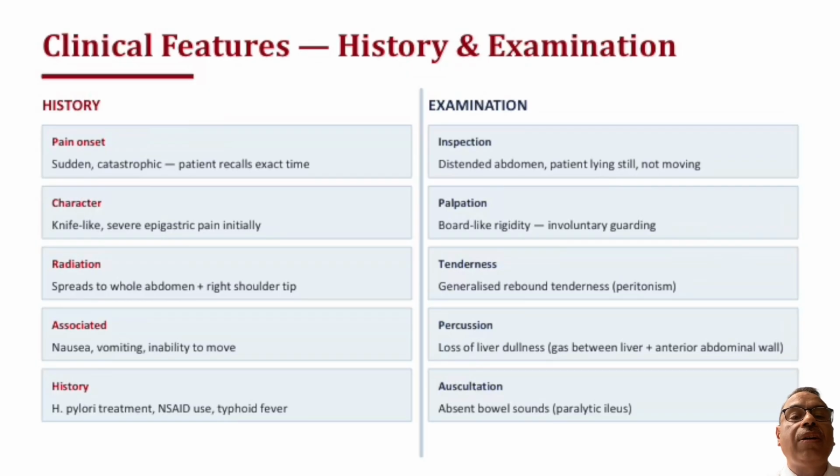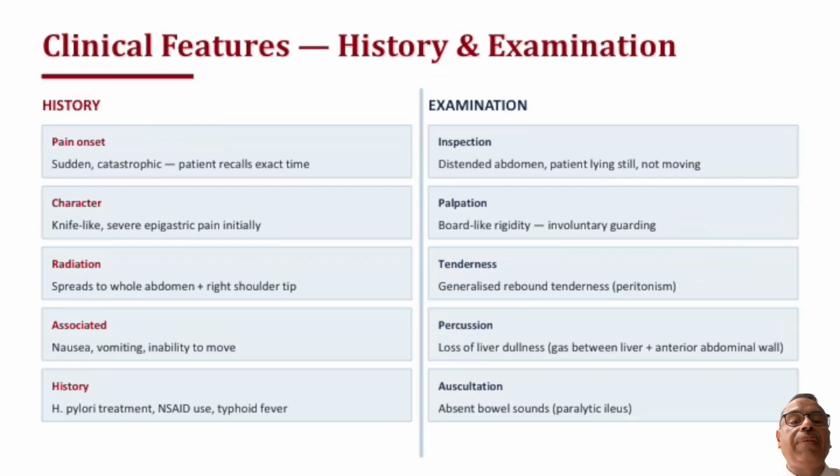There may be associated nausea, vomiting. The patient is reluctant to move when the peritonitis sets in because any movement would aggravate the pain. So the patient prefers to lie still because there is an inflammation of the overlying parietal peritoneum, and any movement aggravates the pain. So the patient generally lies still on the bed.